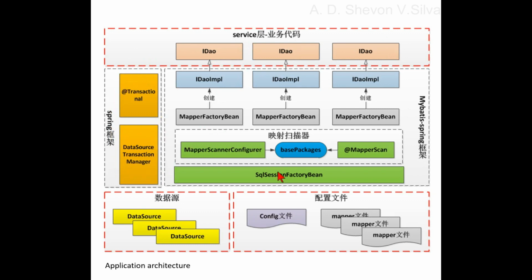Here IDAO IMPLs and MapperFactoryBeans and MapperScannerConfigurer, basePackages, MapperScan and SqlSessionFactoryBean are inside MyBatis-Spring. Here MapperScannerConfigurer is connected to basePackages and MapperScan is connected to basePackages. Here you can see data sources, and here you can see config and mappers.